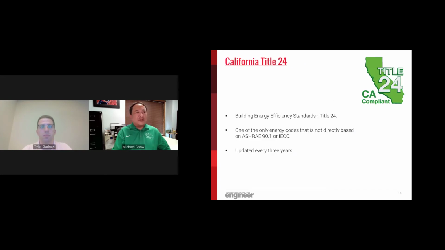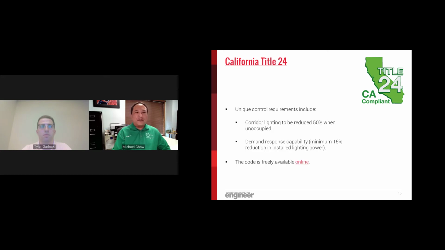Okay, next we'll talk about the Title 24, and this only applies to California, and it's updated every 3 years, and 2019 was the latest version. So there's some unique control requirements with Title 24. Corridor lighting has to be reduced 50% when it's unoccupied.